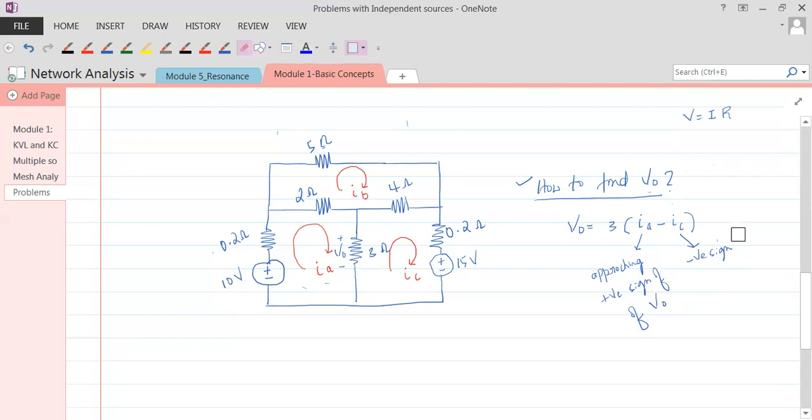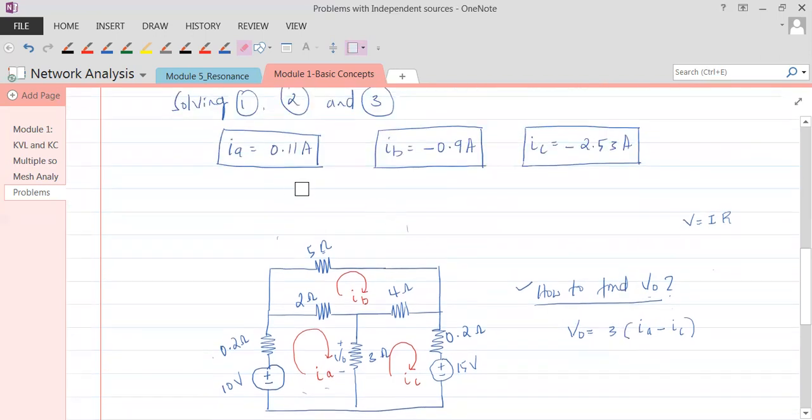So let's substitute the currents that we have just found out. Everybody do that. What is IA that we have just found out? IA is found out to be 0.11. Therefore our V0 is 3 into 0.11 minus IC, which is negative, so minus of minus 2.53.